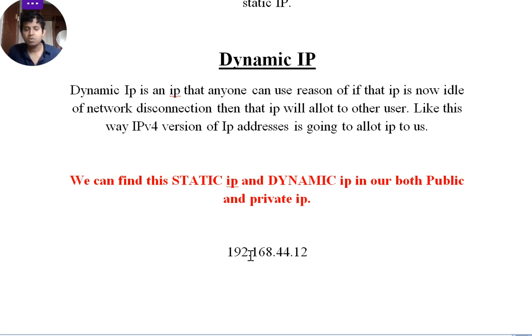With the first pair of your IP address, if it comes from IP version 4, the first pair always means the country code, the country name. For example, 192 is going to indicate the country name.